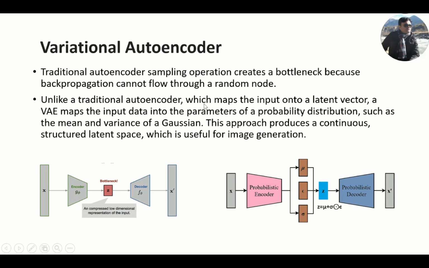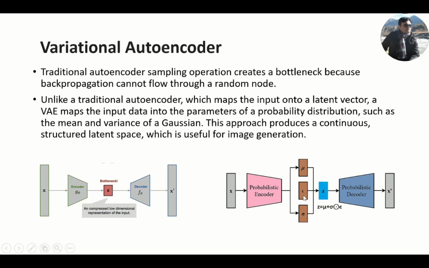Unlike the traditional autoencoder, which maps the input onto a latent vector, a VAE maps the input data into the parameters of a probability distribution, such as the mean and variance of a Gaussian. So here we are getting a fixed length vector. Rather than getting a fixed length vector, here we are achieving a distribution. So here we can see the mean vector, standard deviation vector, and epsilon.